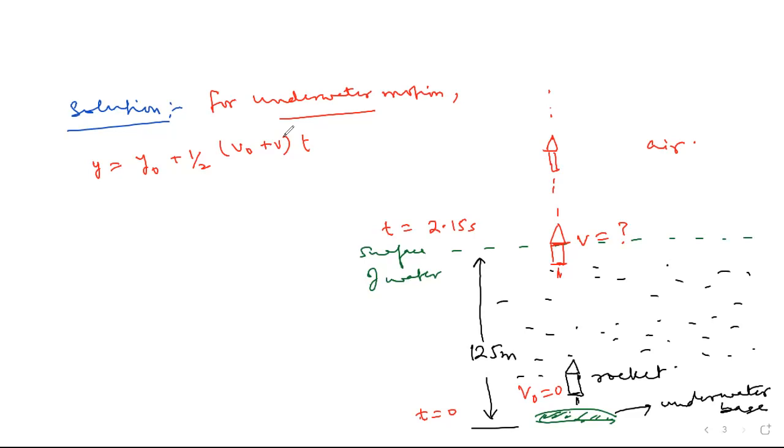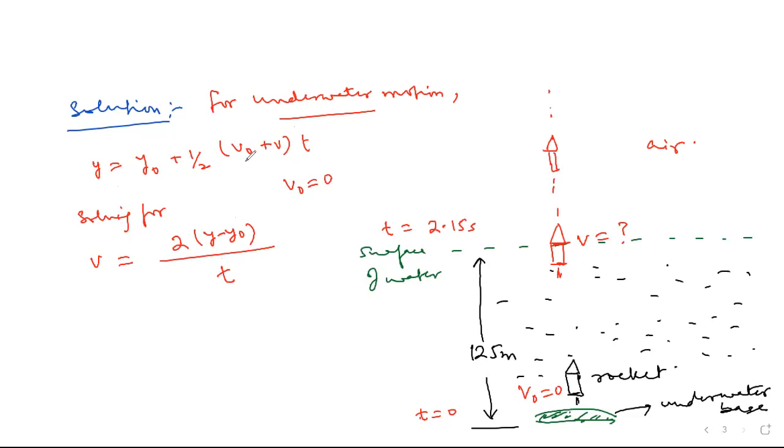Solving this equation for v, that is the final velocity, we get twice y minus y naught over t, because v naught is 0.